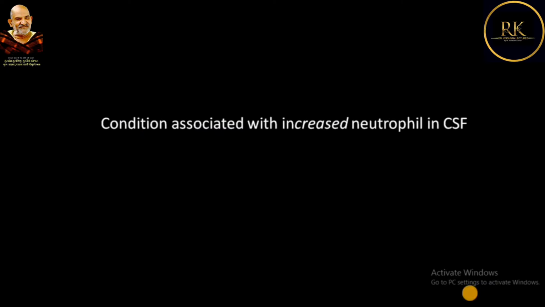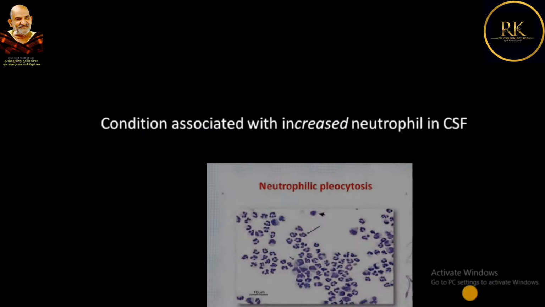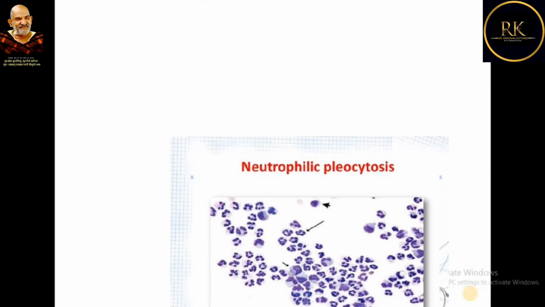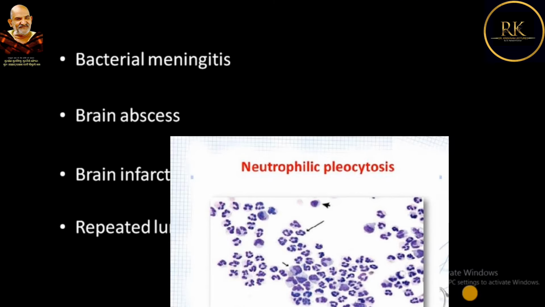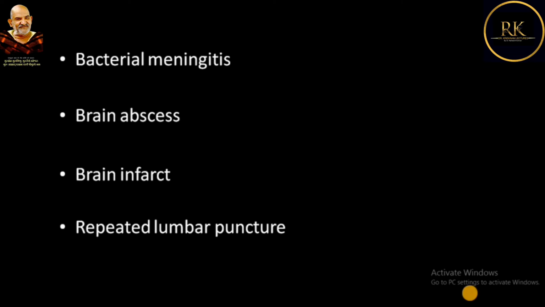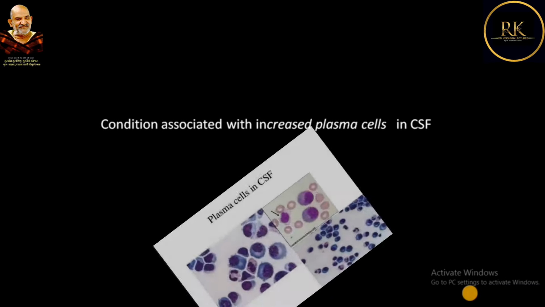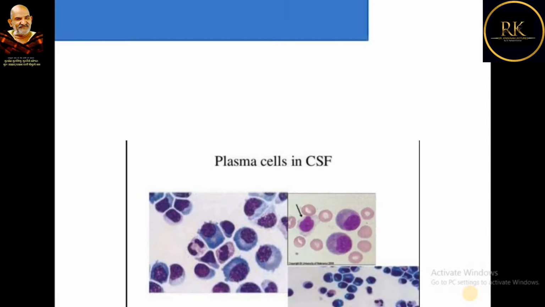The causes include bacterial meningitis, brain abscess, brain infarct, and repeated lumbar puncture. Conditions associated with increased plasma cells in CSF. The causes include tubercular meningitis and syphilitic meningoencephalitis.